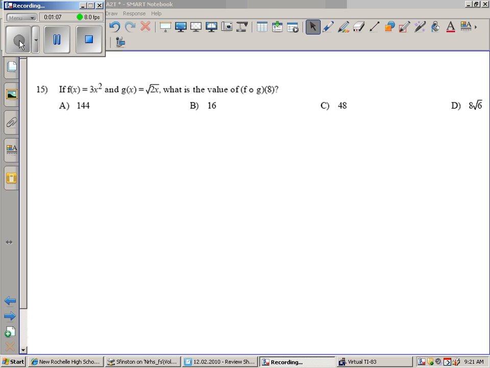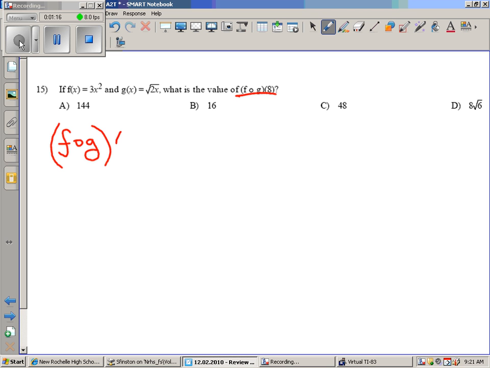Question 15. Check this out. The first thing that we have to do when you see stuff written like this is convert it back into an easier form to look at. This is the same thing as saying f of g at 8.